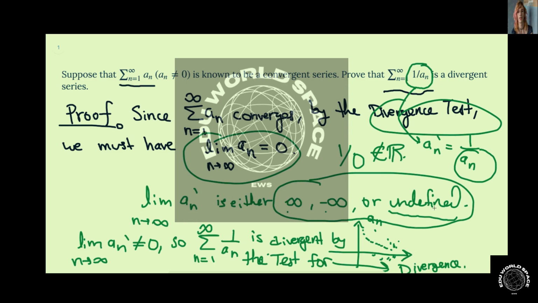We computed the limit of an prime for our new series. In the limit, this term does not go to 0. Therefore, the series is divergent by the test for divergence, and that's our final answer.